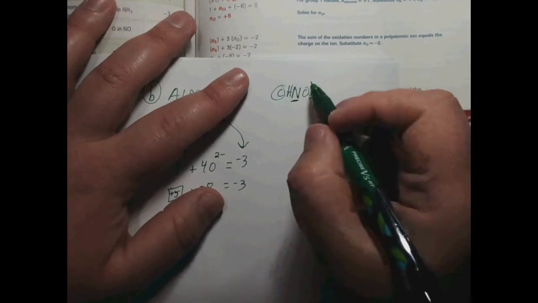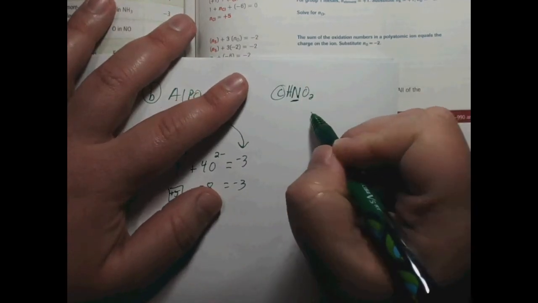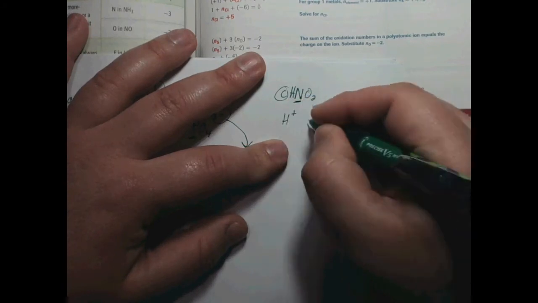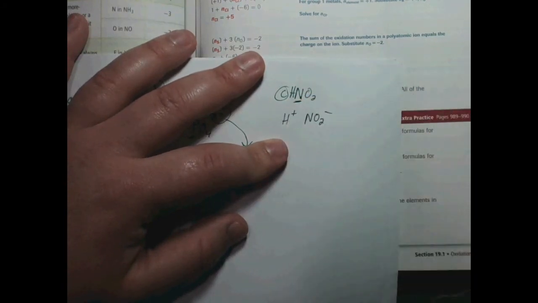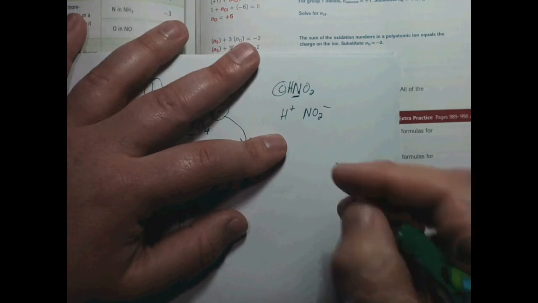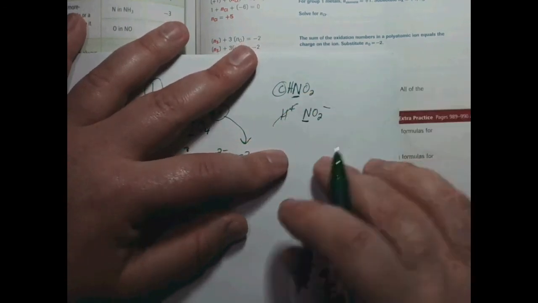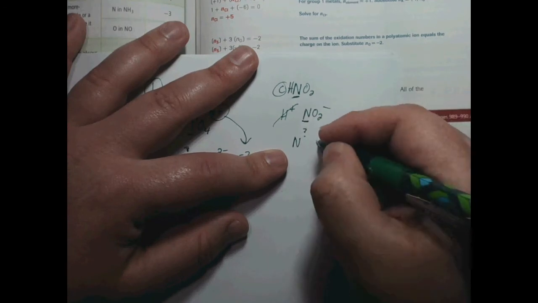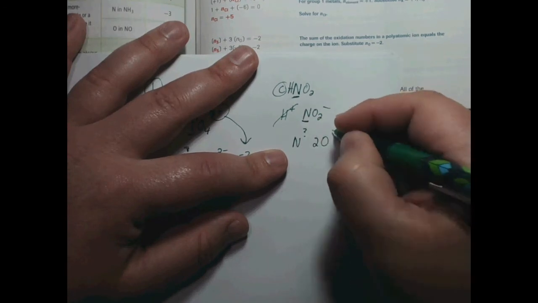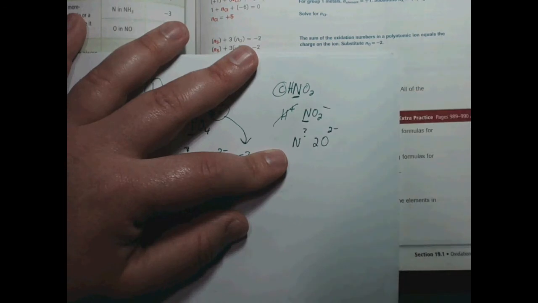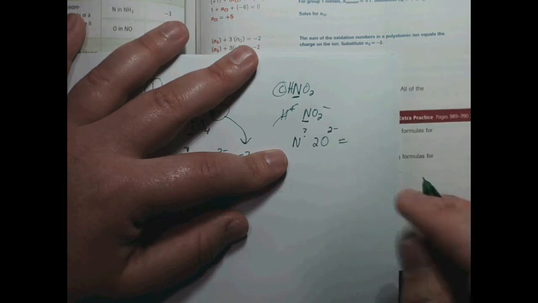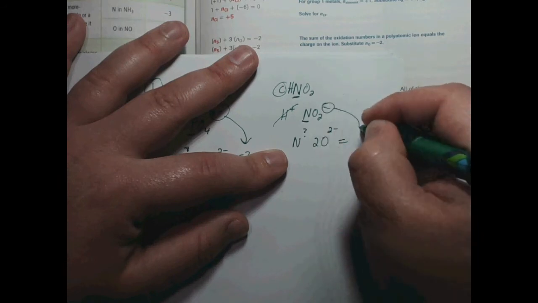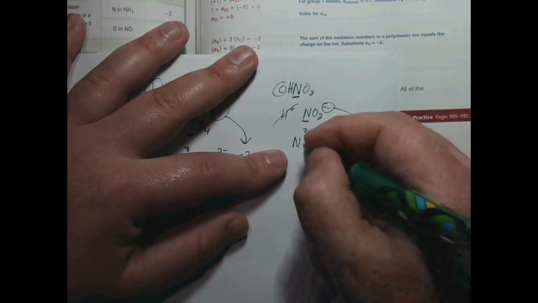Now here, this is nitrous acid, excuse me. So again, that's H plus and NO2 minus is your polyatomic ion. We're looking for nitrogen, so we don't need this. So N is at some charge, and there's 2 oxygens, and they're always at 2 minus unless it's a peroxide, or it's bonded with fluorine, excuse me, and that equals a -1 charge.